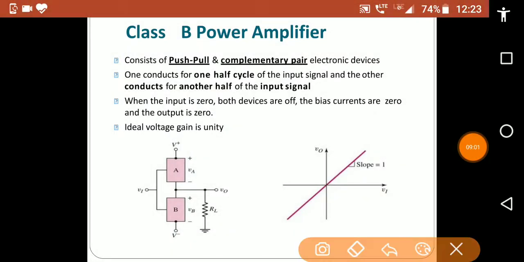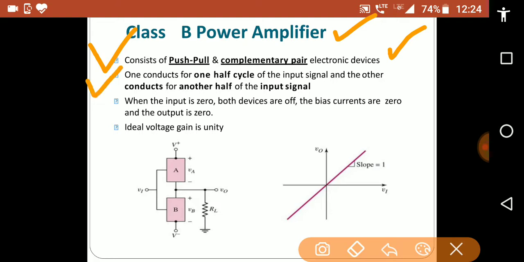So student, let us see the class B power amplifier. It consists of a push-pull complementary pair of electronic devices. In this amplifier, one conducts for one half cycle of the input signal and the other conducts for the other half of the input signal.